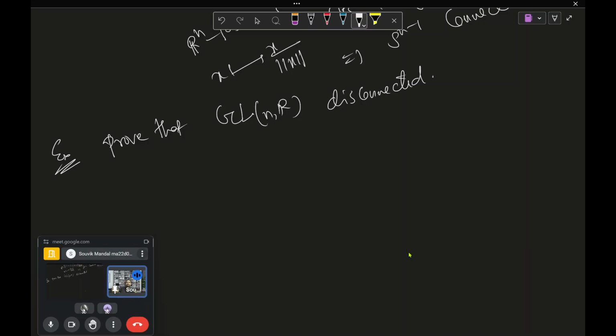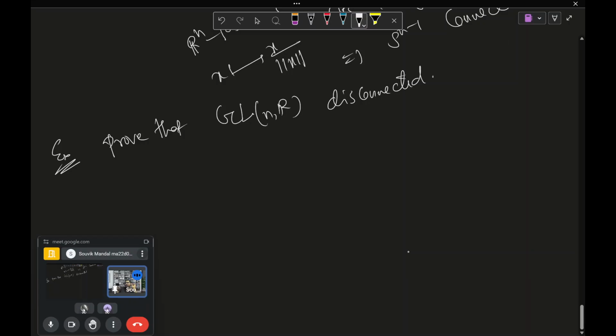That is, you need to construct a map from GLn R to the doubleton set plus minus 1, which is not a constant map. If you can prove the existence of such a map, then automatically this implies that the domain is disconnected, right? So this way you can show many things are disconnected.